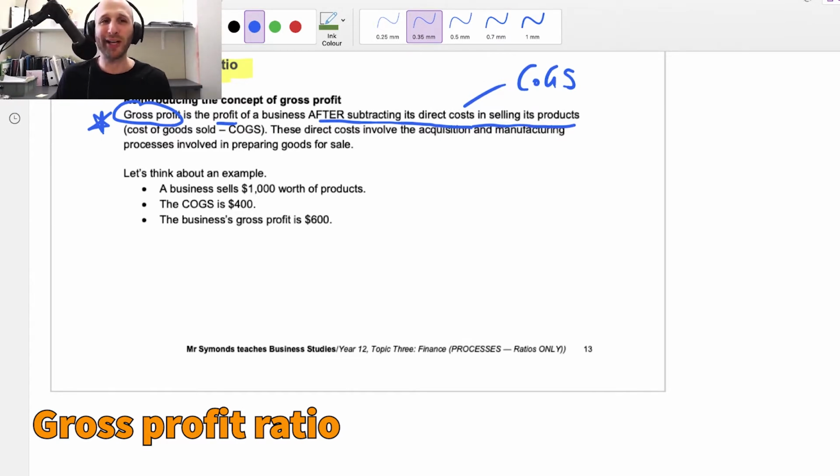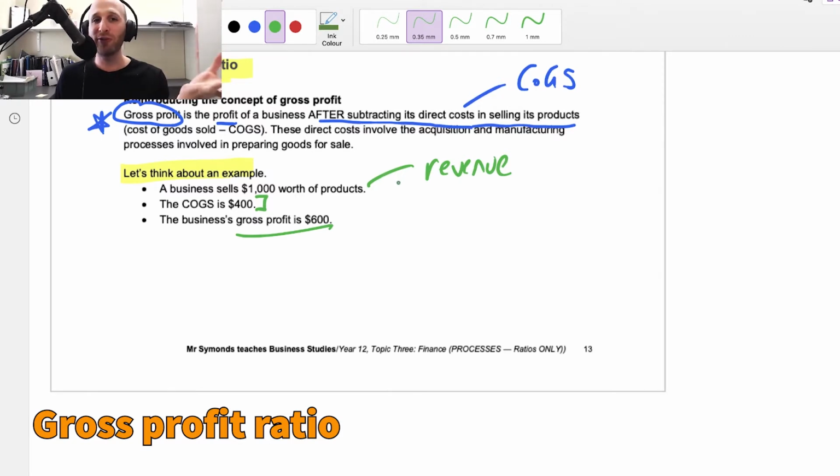Let's say this business sells $1,000 worth of products, so that is our revenue. It costs $400 to organize those sales, so the gross profit is $600. The cost of selling those goods is $400, so the gross profit is $600.